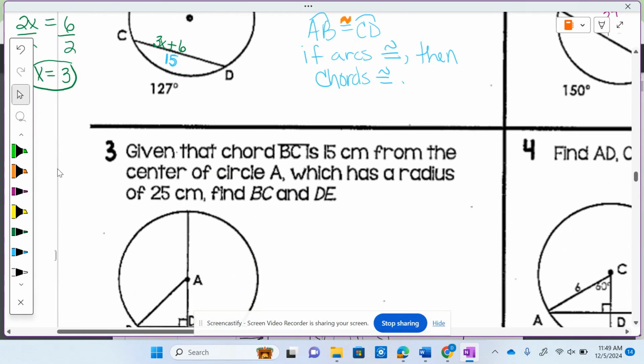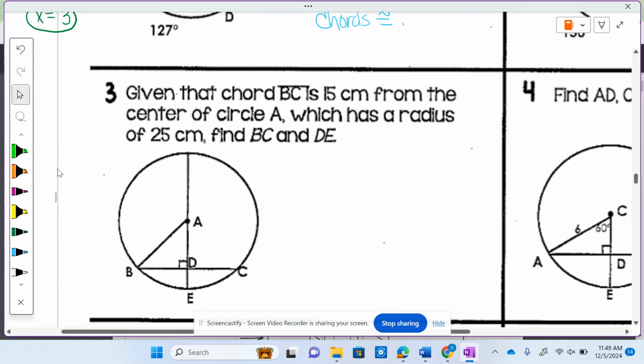Okay. Given that chord BC is 15 centimeters from the center of the circle. So this chord is 15 centimeters away from the center. That's the distance. It's talking about this right here.